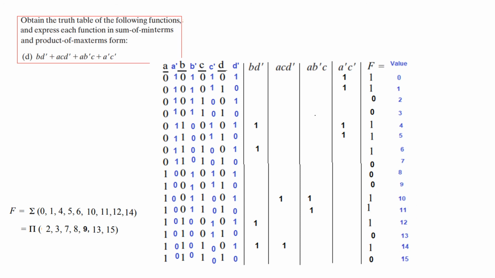So wherever is 1, we pick that value. So this is the sum of Minterms. And you know, the product of Maxterms is just opposite. So wherever the answer is 0, we pick those. So 2, 3, 7, 8, 9, and then 13 and 15. So this is the product of Maxterms.